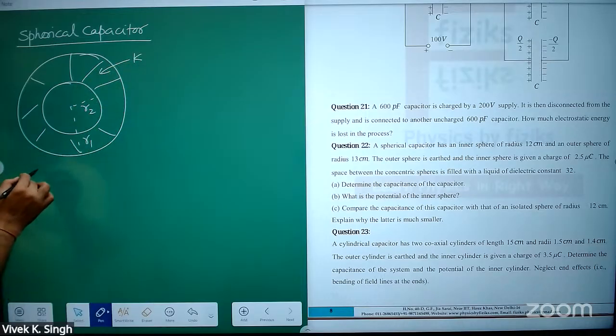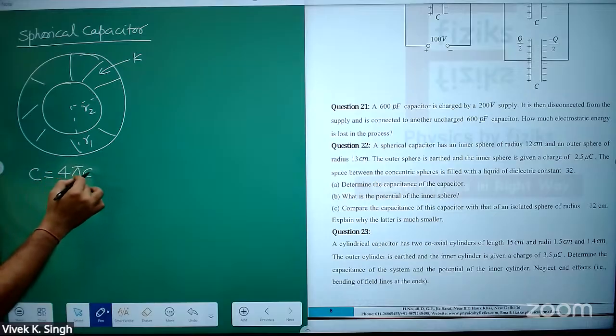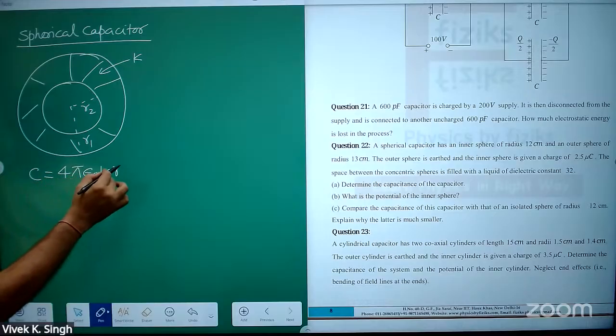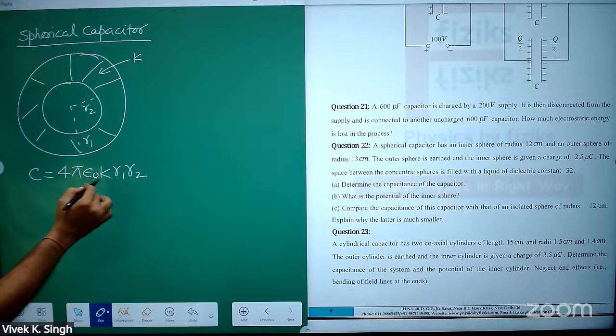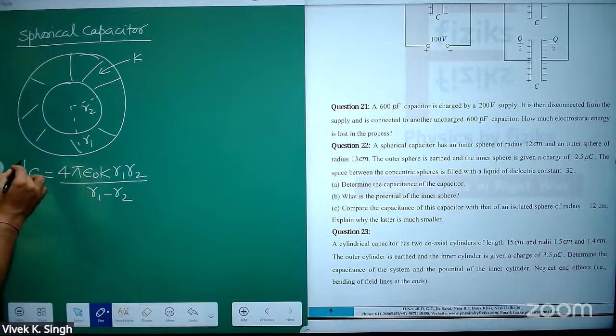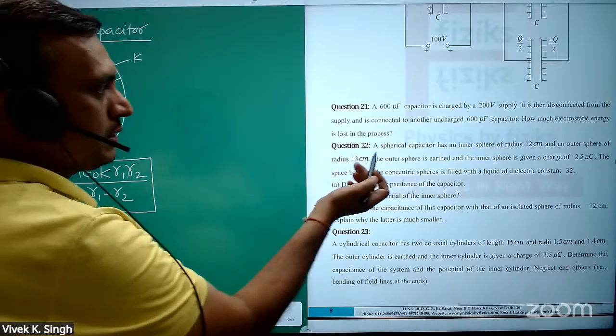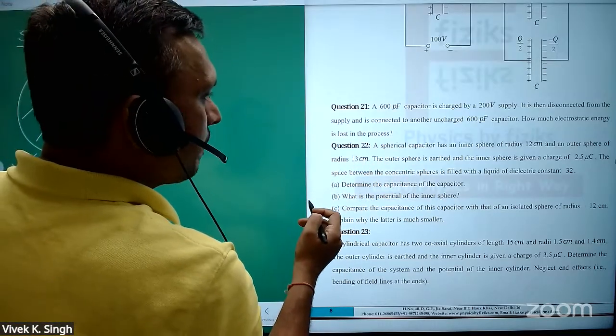So its capacitance is given by 4 pi epsilon naught K R1 R2 by R1 minus R2. So you have to remember this formula. What is the capacitance of a spherical capacitor? Just see, inner and outer radius is given.